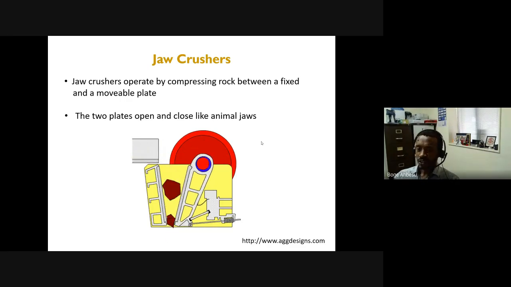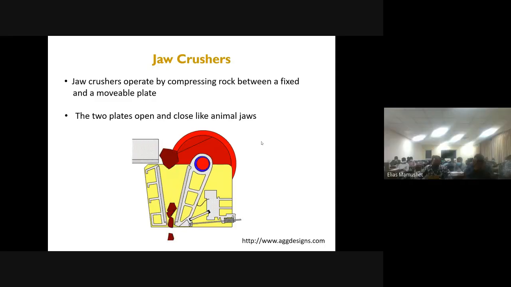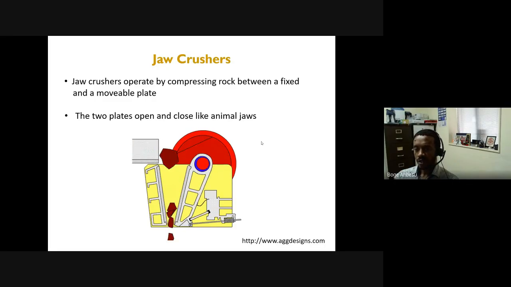So how does a jaw crusher operate? A jaw crusher operates by smashing a rock between a fixed jaw and a movable jaw. Okay, so as you can see in that animation there, on the left you have a fixed jaw, and on the right you have a movable jaw.